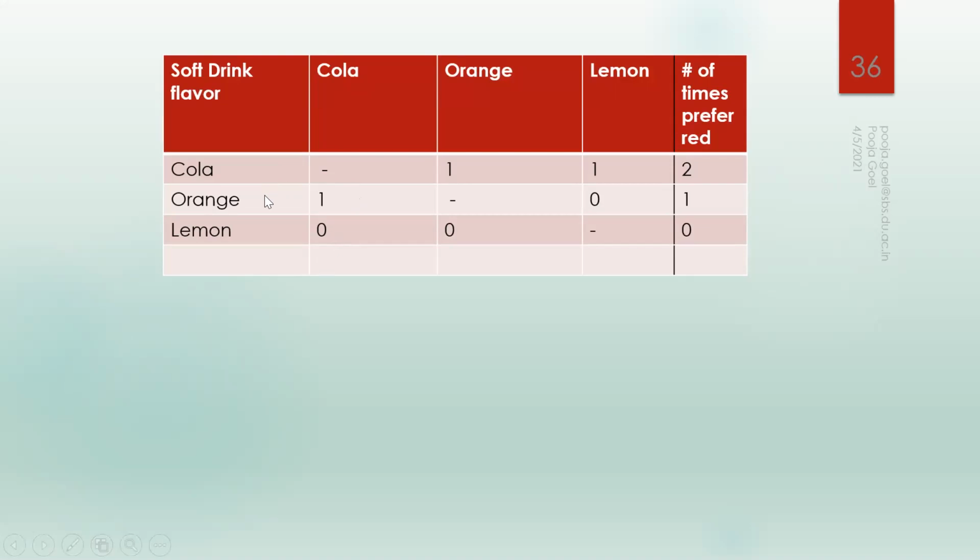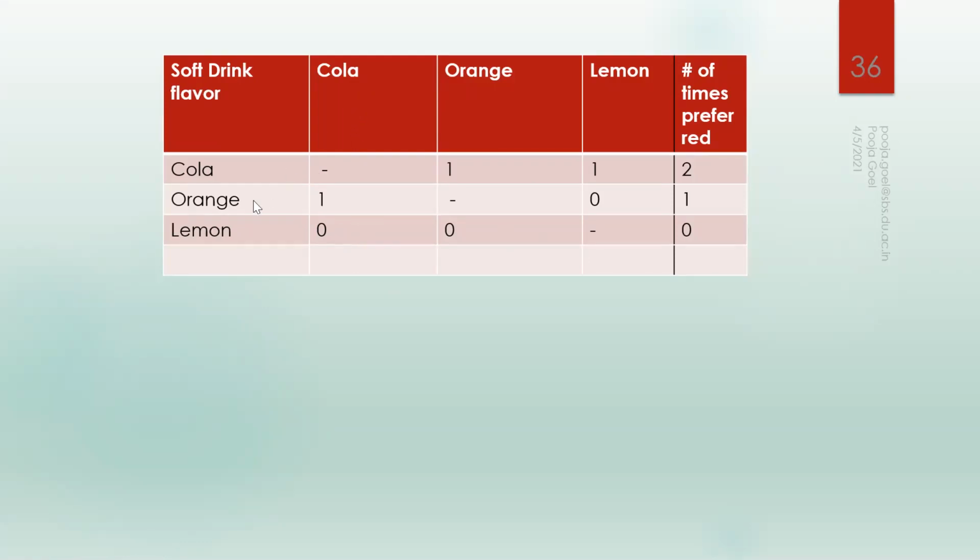Then between cola and orange, he's saying orange. Between cola and lemon, he's saying no, lemon is not preferred. That means cola is preferred. So he will write lemon is 0. So you have to do that. So that means he is not preferring lemon, so he is writing 0.